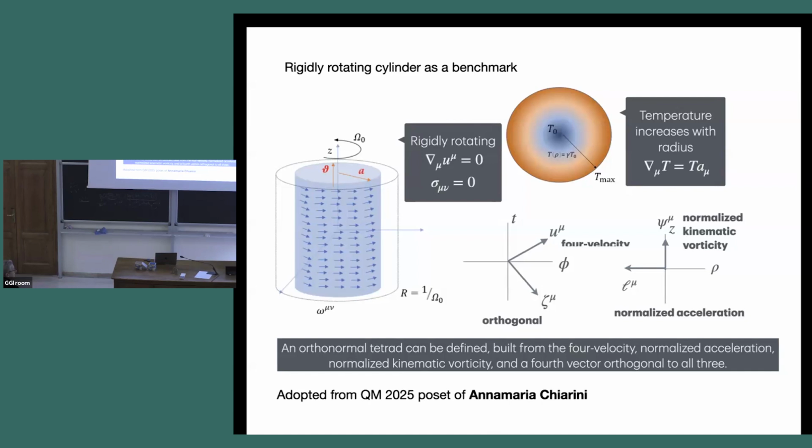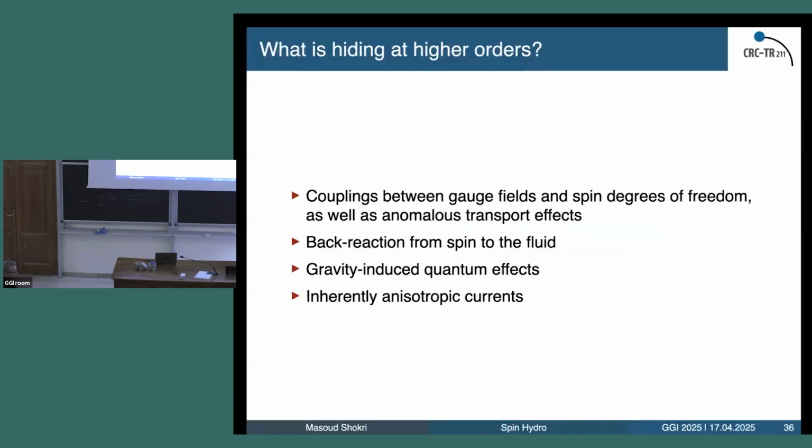And the question is, what is hiding at higher orders? I already said that coupling between gauge fields and spin degrees of freedom might be interesting or not, who knows? And anomalous transport effects, and also back reaction from spin to fluids like the Einstein-de Haas effect.